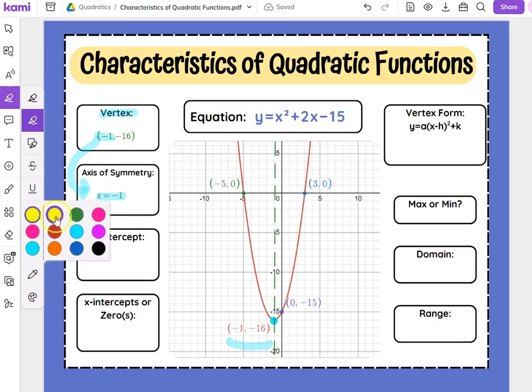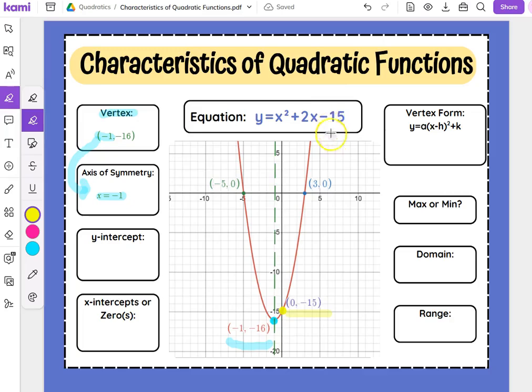All right, we've also got a point here that is my y-intercept. Our y-intercept is the place where the graph crosses the y-axis. So that point is right here at 0, -15. And we can find it also in our equation, when our equation is written this way, which is standard form.